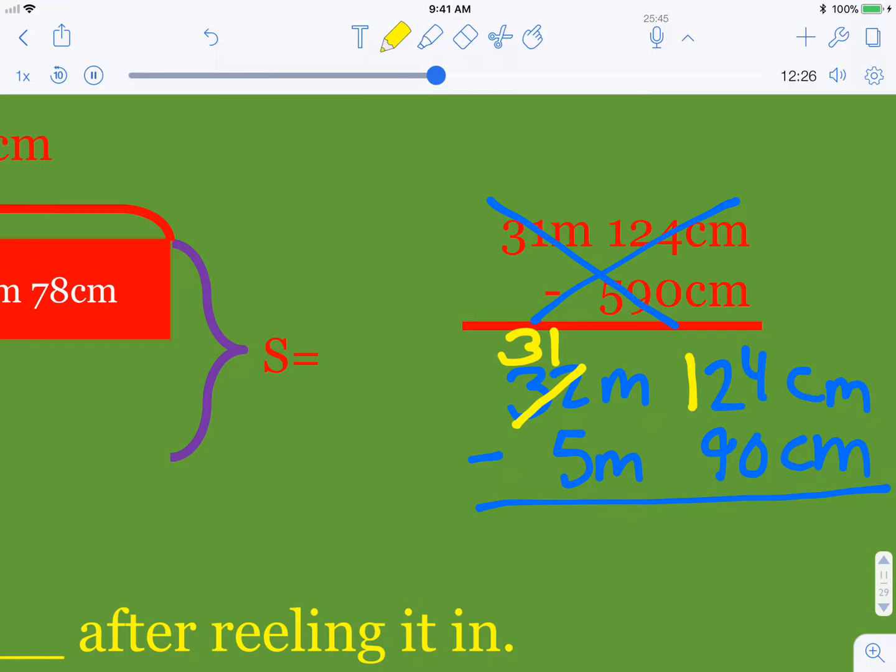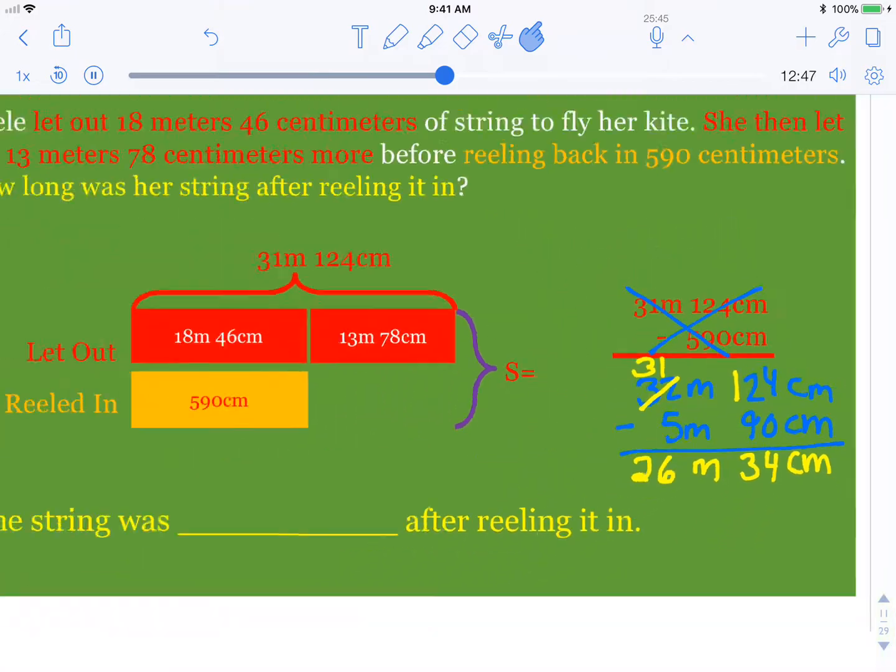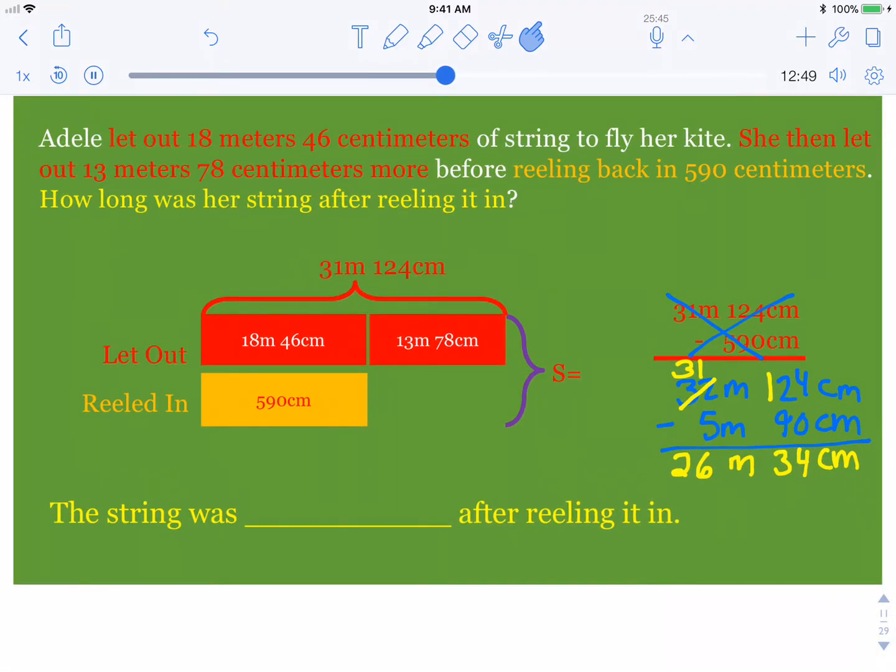So 4 minus 0 is 4. 12 minus 9 is 3. 31 minus 5 is 26. So my answer is 26 meters, 34 centimeters.